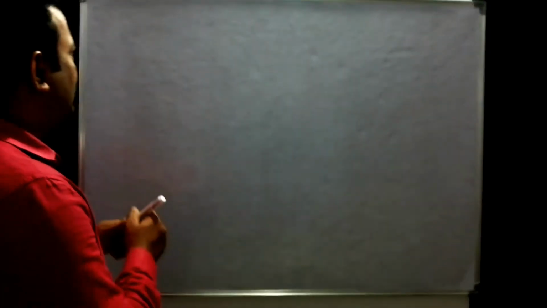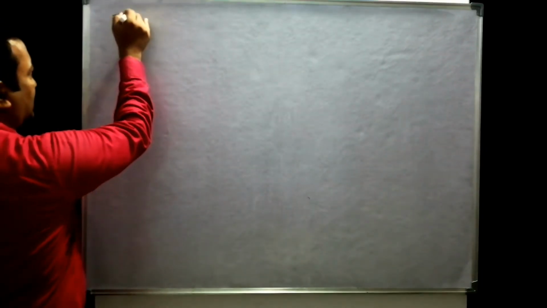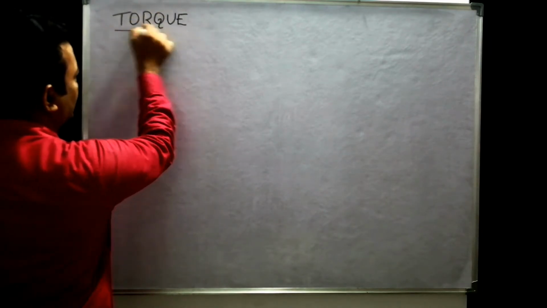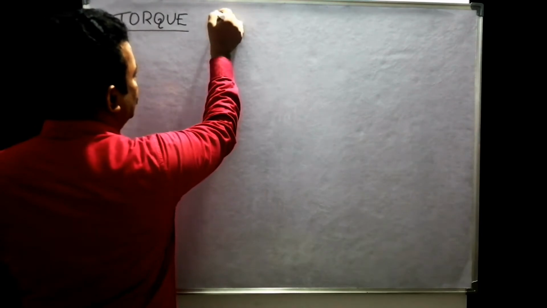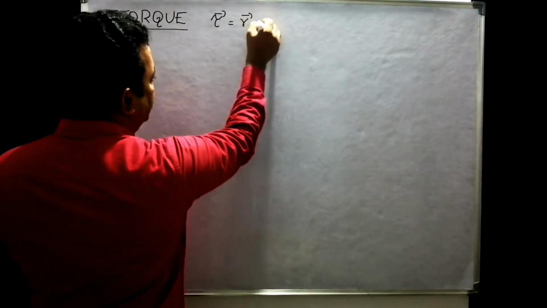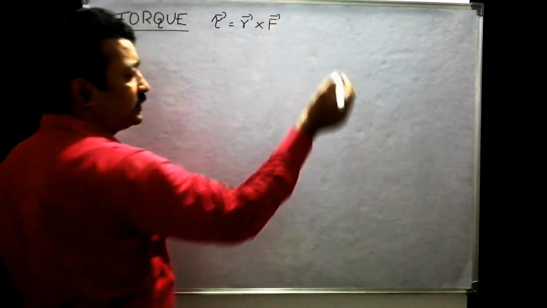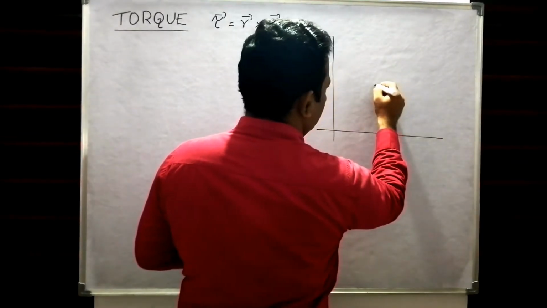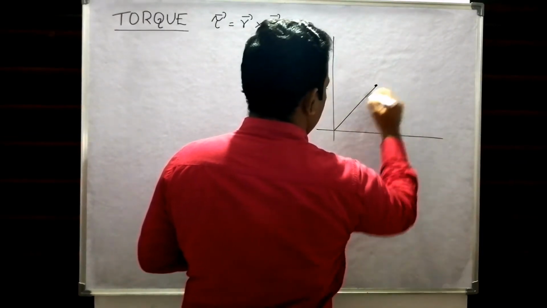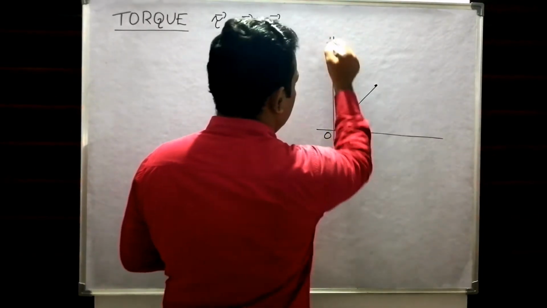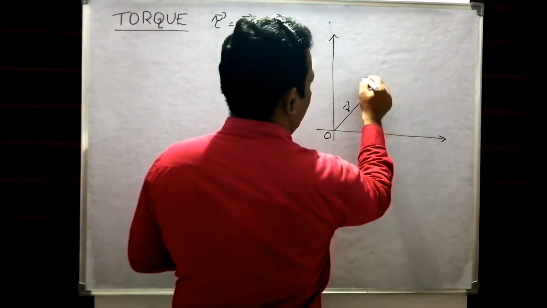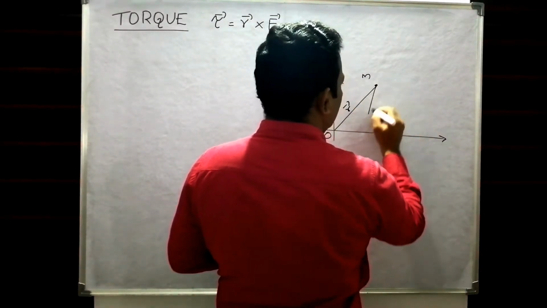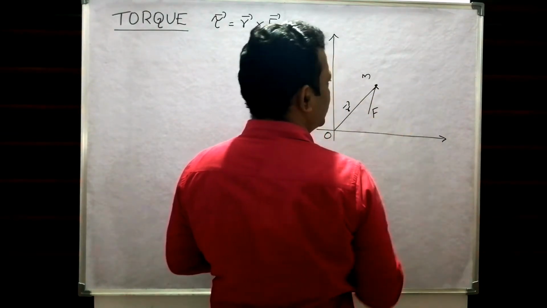We have already seen that the torque acting on an object is nothing but the moment of a force, and we got the relation tau is equal to the cross product of R and F. Let's say for an object which has a position coordinate R with respect to an origin O, whose mass is M, an external force F is acting in this direction.